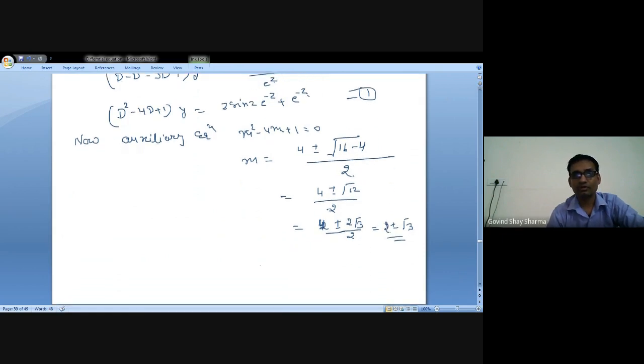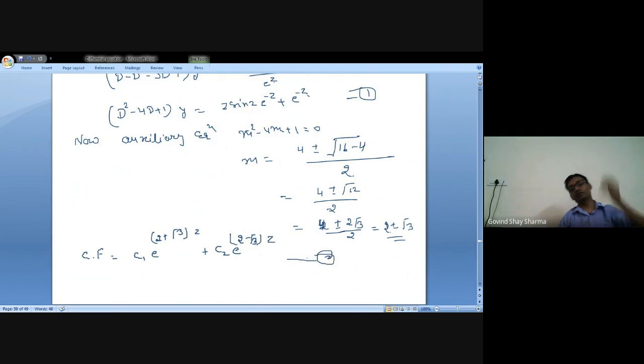Okay. Now the CF we can write like that: C1 e to the power (2 plus root 3) z plus C2 e to the power (2 minus root 3) z. You can also write the shape in the form of hyperbola.